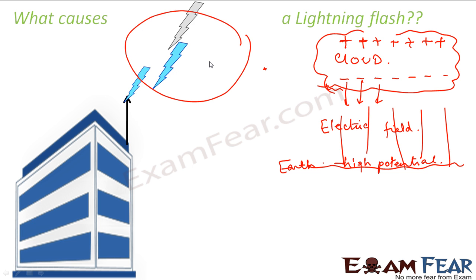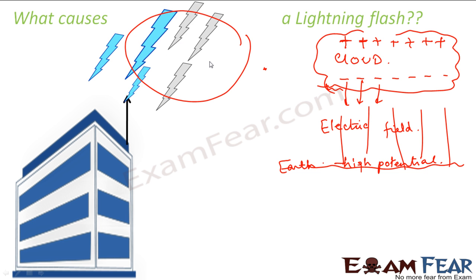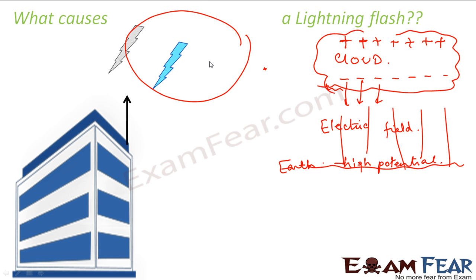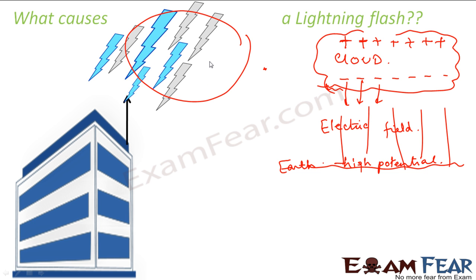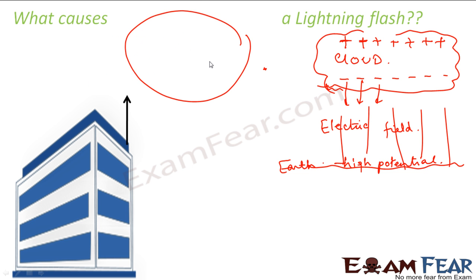As a result, an electric field is set up between the lower layer of the cloud and earth. This electric field will ionize the air which is present. As the air gets ionized, these ions act as carriers of charge from cloud to earth. And this flow of charge is observed as a lightning flash. It is often referred to as electric breakdown in terms of science. So this is how this phenomenon basically takes place.